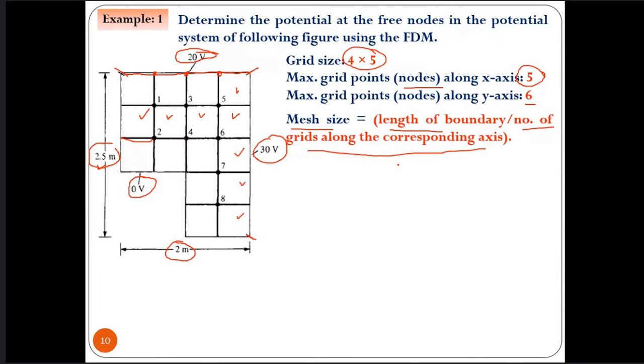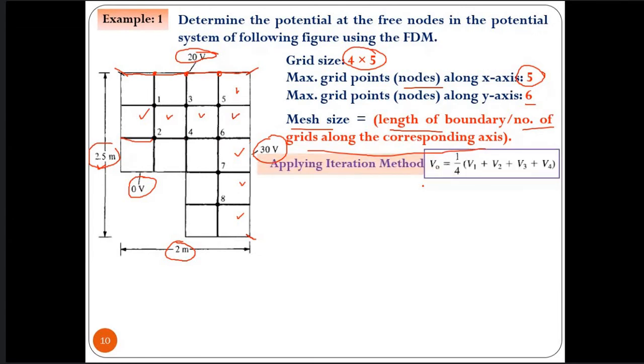The mesh size will be equal for both x and y axes, as per the drawing all the meshes are square. The length along the y axis is 2.5 with 5 meshes, so 2.5 by 5. Along the x axis it is 2 meter divided by 4. In that way you can find out the grid size and mesh size from the given solution region.